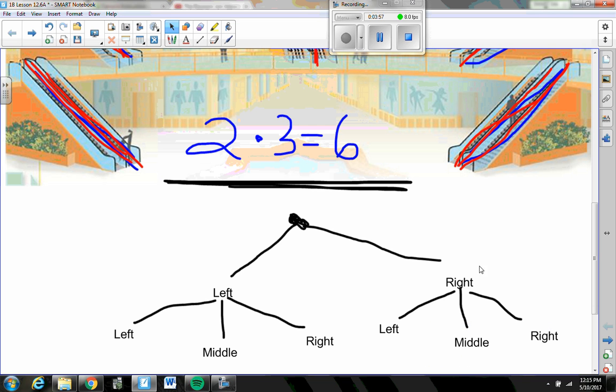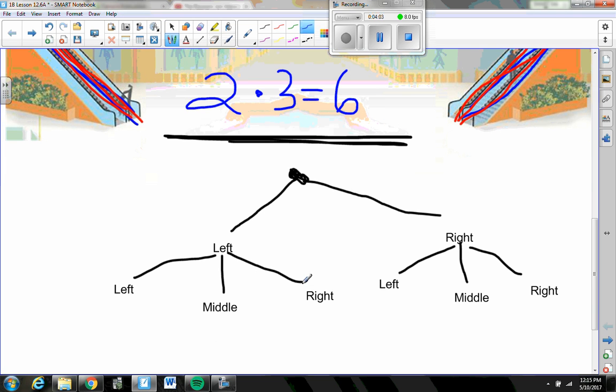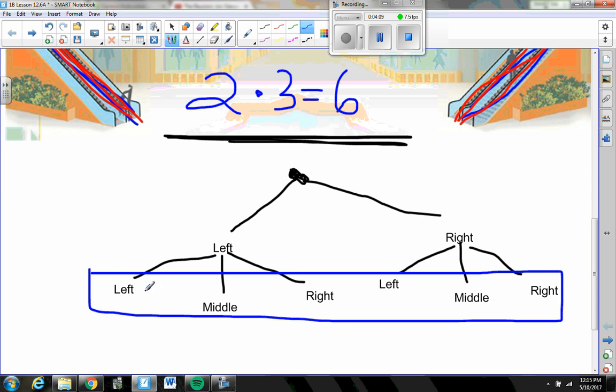And now, in order to figure out how many total options, you just look at how many words you have written in the whole last part of your tree diagram total. There are 6 words here. 1, 2, 3, 4, 5, 6 options. Okay?